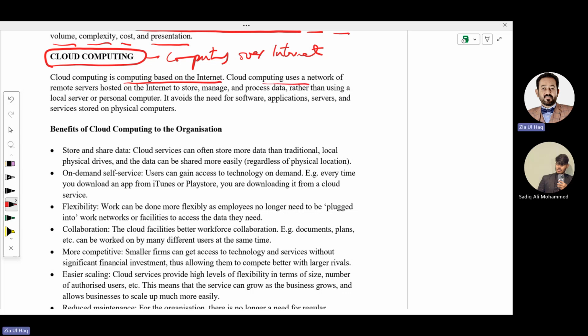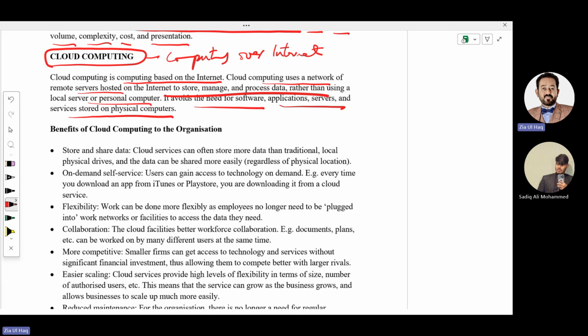Cloud computing uses a network of remote servers, located anywhere in the world on the internet, to store, manage, and process data rather than using a local server or a personal computer. It avoids the need for software, application servers, and services stored on physical computers.